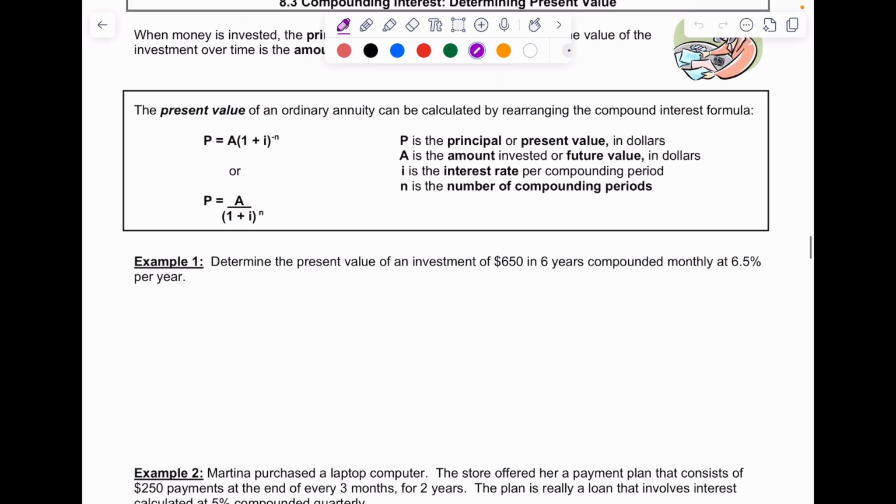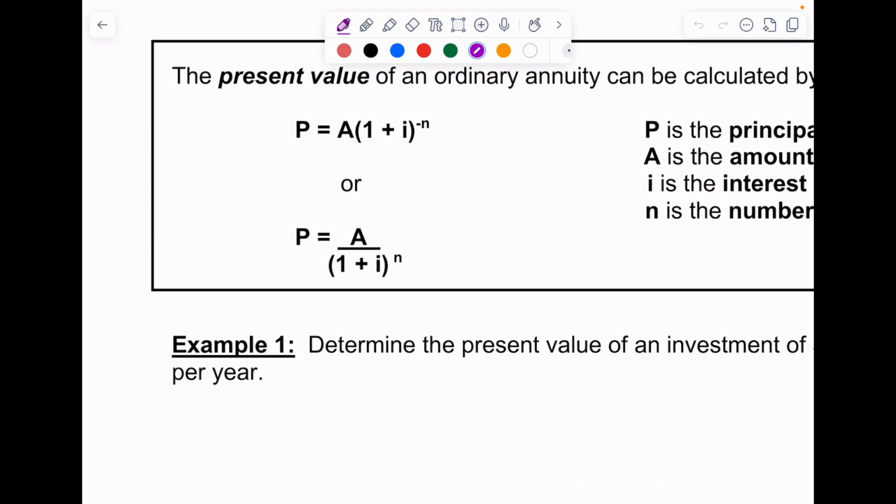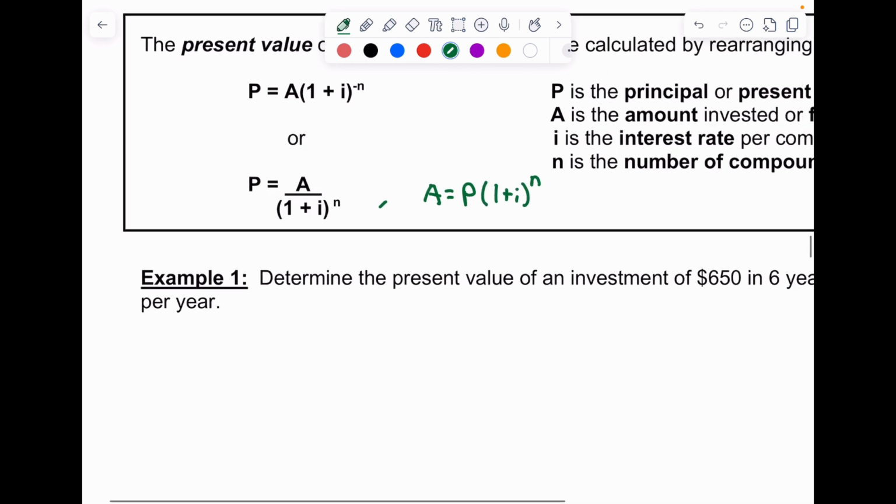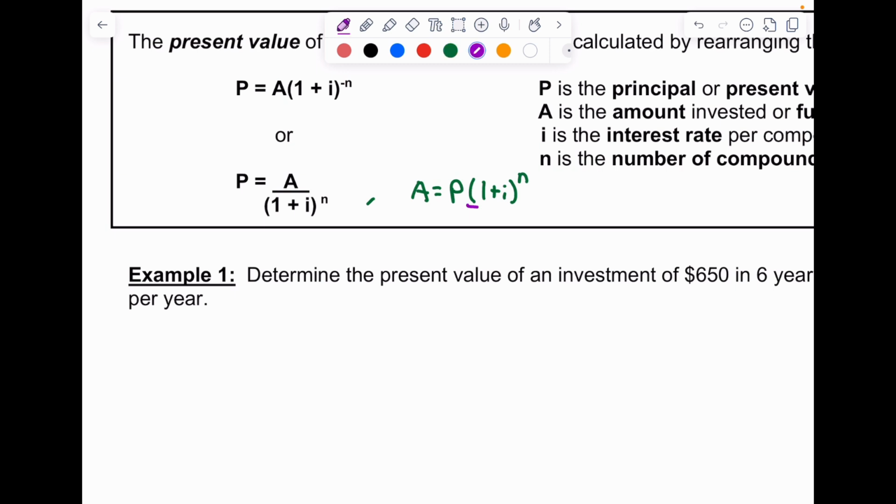So if you look at this formula right here, I know it looks scary with this negative exponent, but ultimately this is just a rearranged formula from what we had in yesterday's lesson where A was equal to P multiplied by 1 plus i to the power of n. All that we have done here is just rearrange the formula and solved it for P, because this whole lesson is us solving for what would be your now money given a future amount, right?